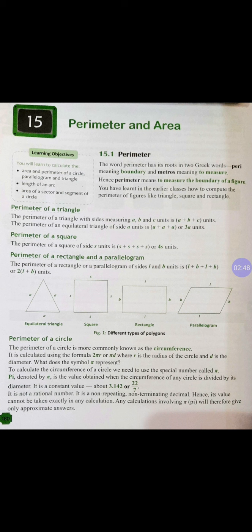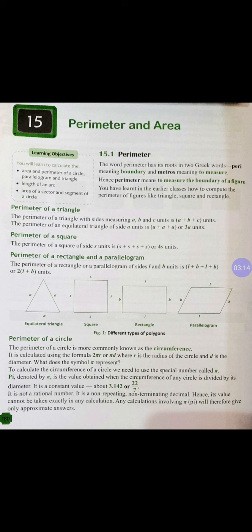If the radius of the circle is given as r, then the perimeter of the circle will be 2 pi r. If the diameter is given, then the formula will become pi d.